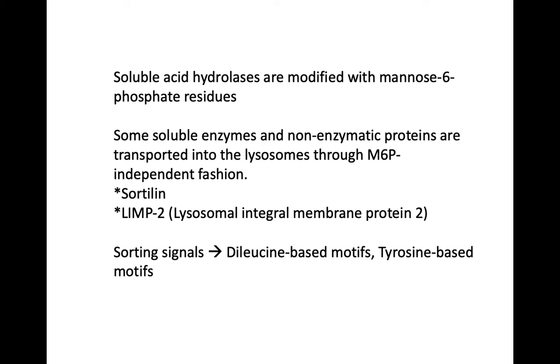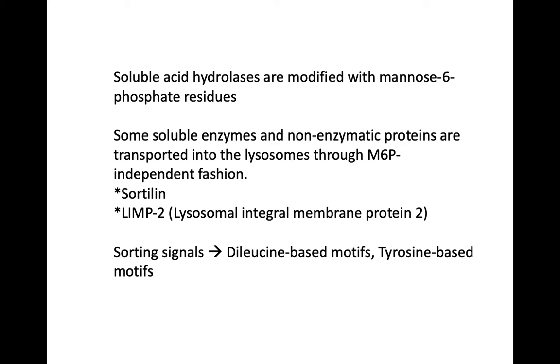Now, aside from mannose 6 phosphate as a signature, there are also soluble enzymes that are targeted to the lysosomal space and also non-enzymatic proteins that follow the M6P-independent targeting mechanism.